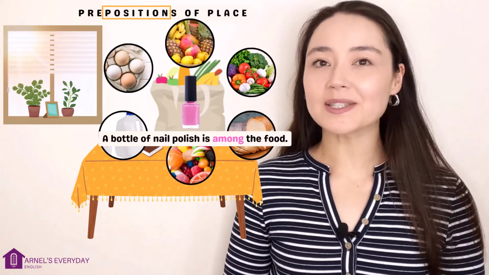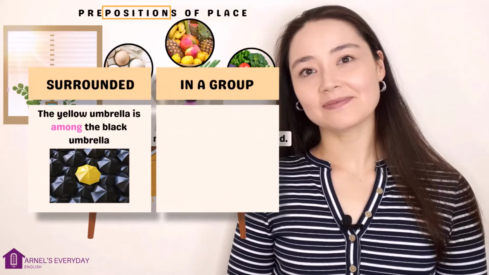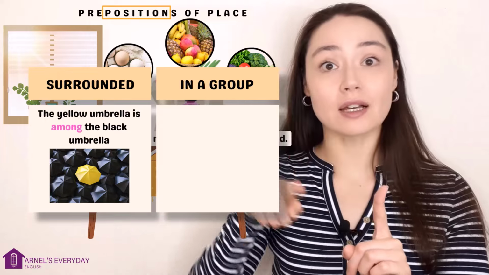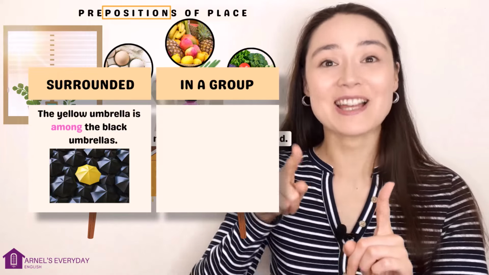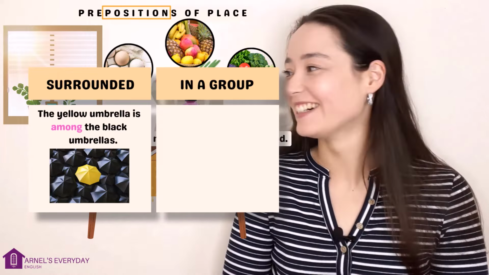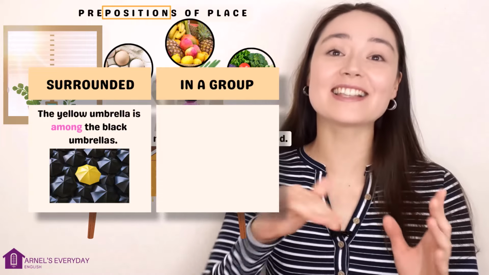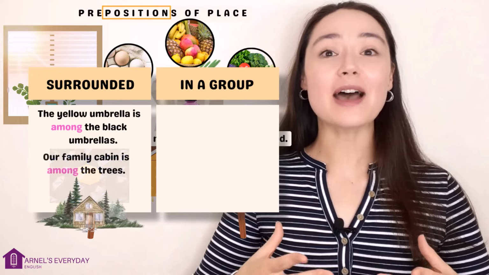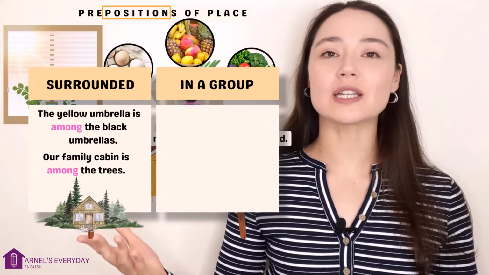Let's do some examples. The yellow umbrella is among the black umbrellas. You can see the yellow umbrella is surrounded by the black umbrellas. Our family cabin is among the trees.